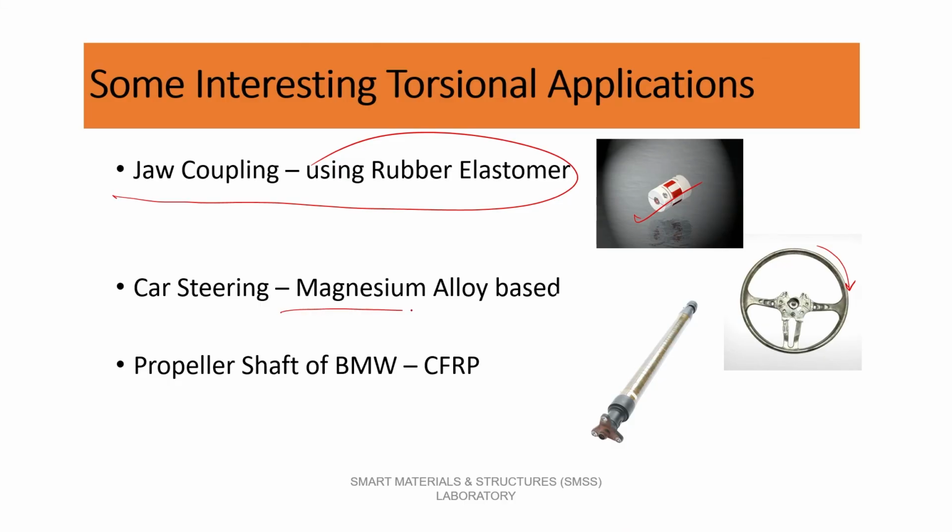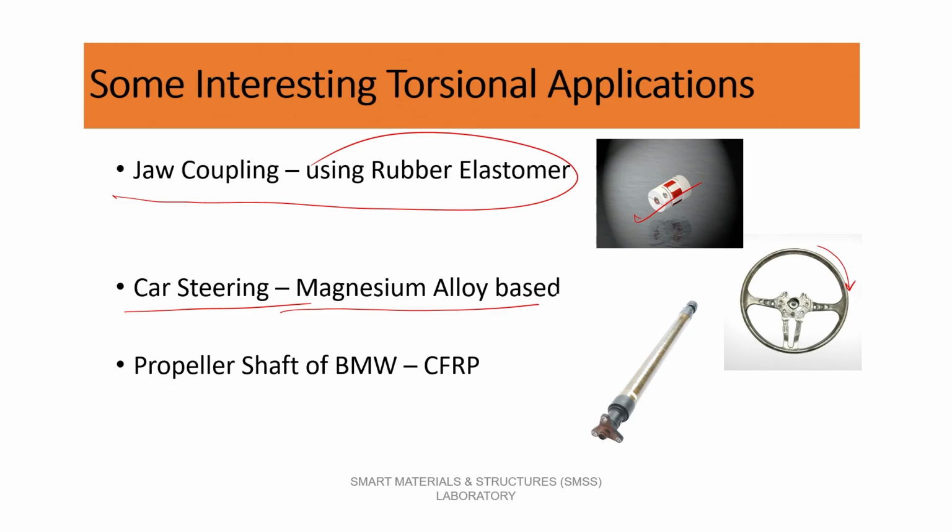You only occasionally rotate it. It is not a shaft which is continuously rotated. So, its endurance strength is not important, the fatigue is not important. For such a case, magnesium alloy based car steering is one application where it is pretty common.